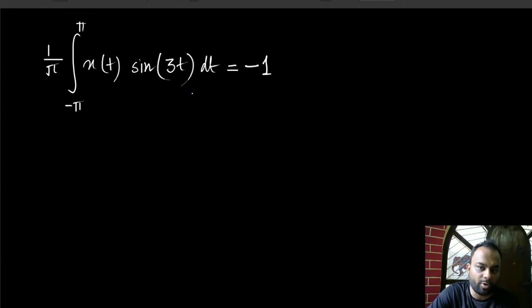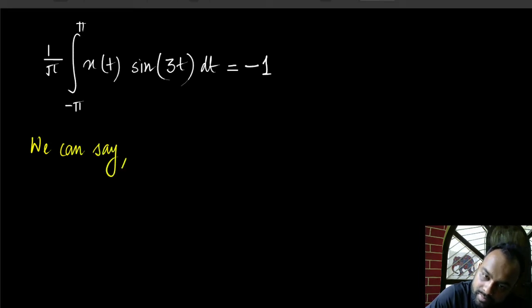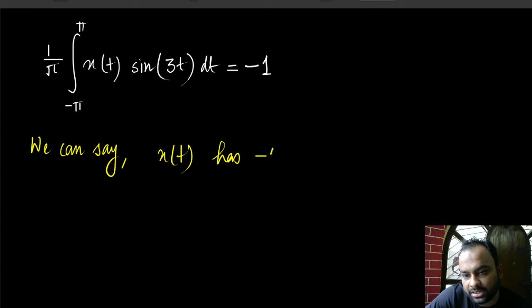Of course, from this information we can say xt has a component of sine 3t with an amplitude of -1. So previously I knew, so we can say xt has -1 sine 3t.